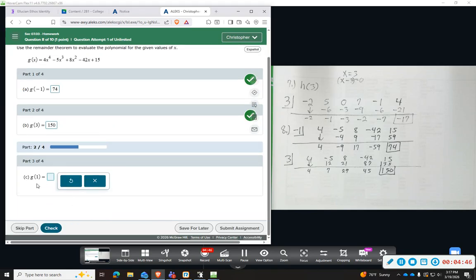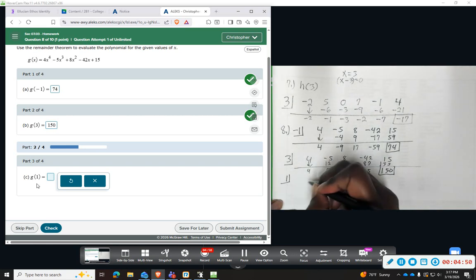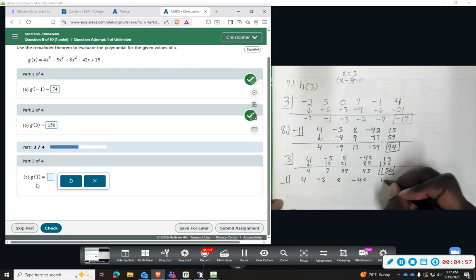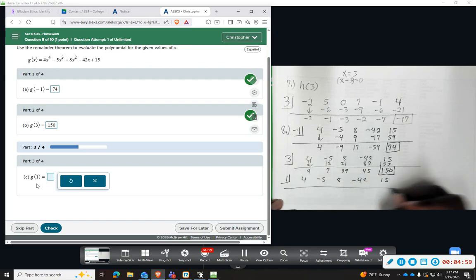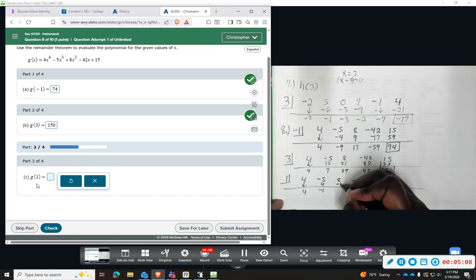Do the same thing with a positive 1. 4, negative 5, 8, negative 42, and 15. Bring down the 4. 1 times 4 is 4. Subtract, negative 1. 1 times negative 1, negative 1.